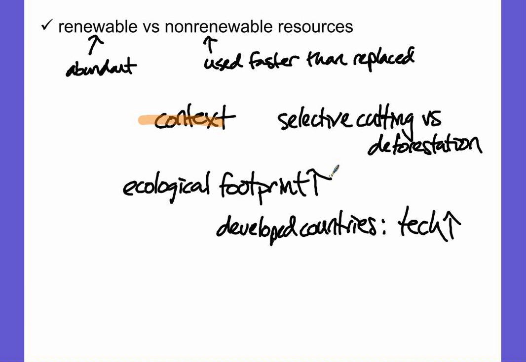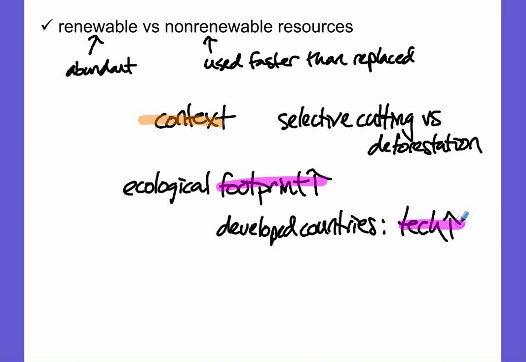That being said, even though our country does have a relatively high footprint because of the use of technology, that doesn't mean that people in third world countries aren't using resources. Because if you have millions of feet running around, there are some pretty highly populated countries out there that don't necessarily use a whole lot of technology. With more and more people, they're still going to use a lot of resources.